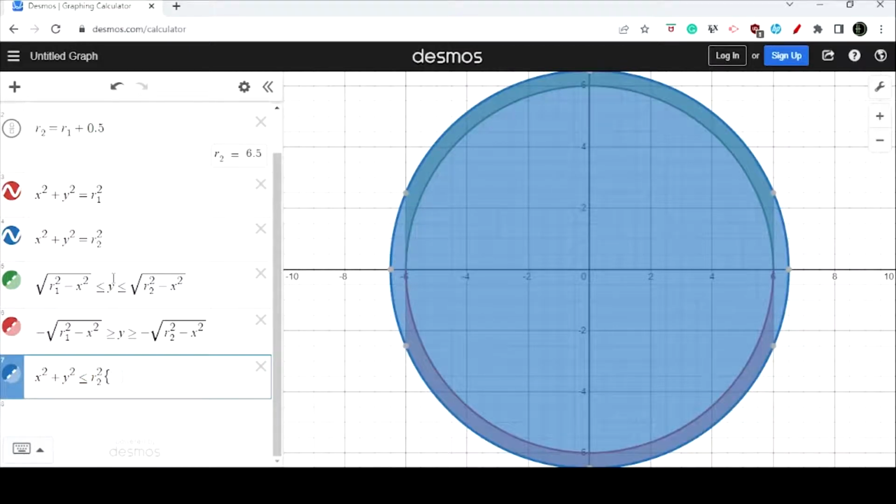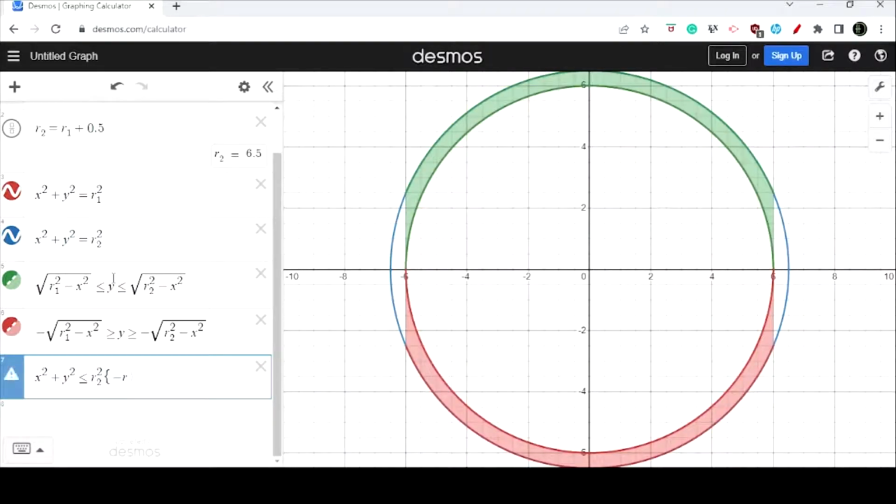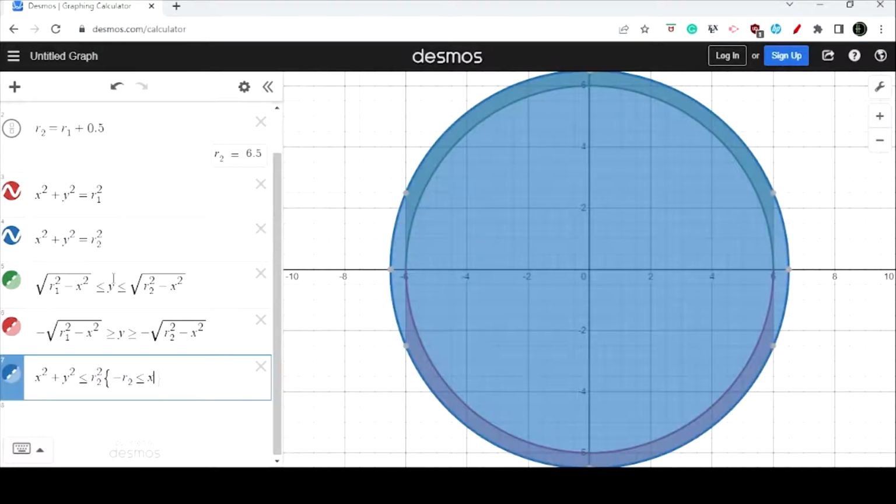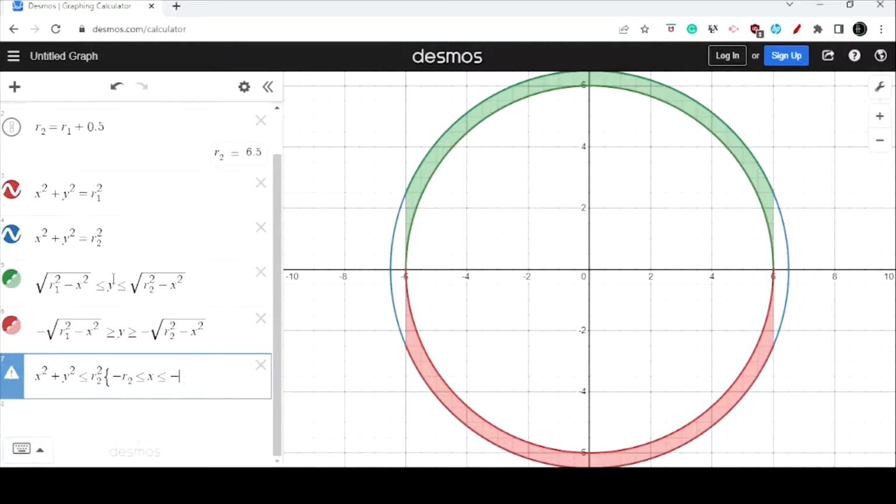So what you can do at this point is you can now define your intervals in here. So this would be, in this case, from minus R2 to minus R1. And we can also get R1 is greater than or equal to x.